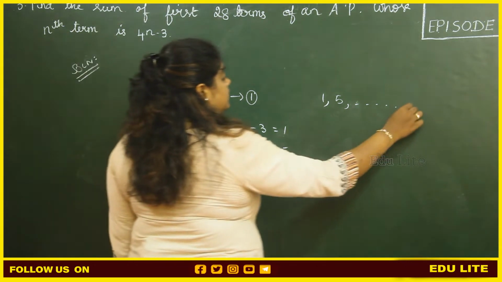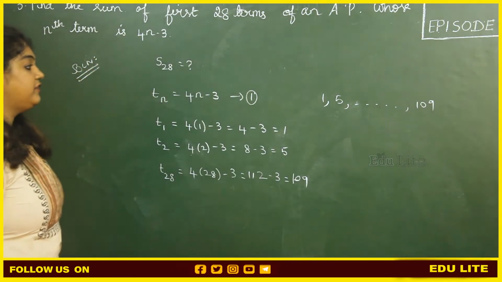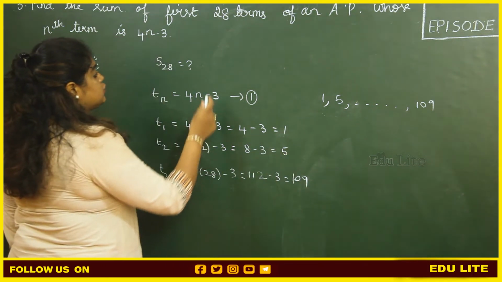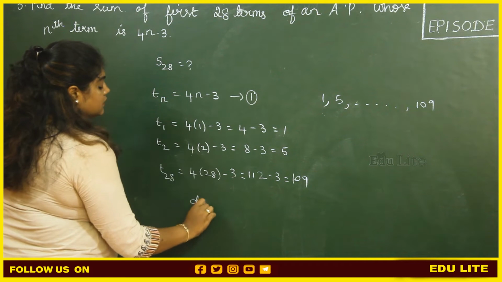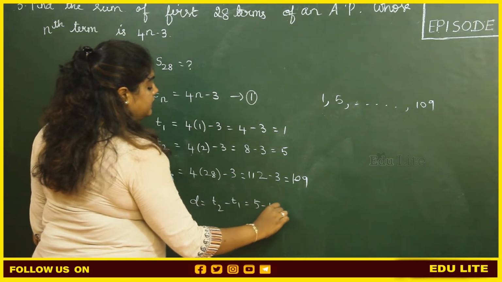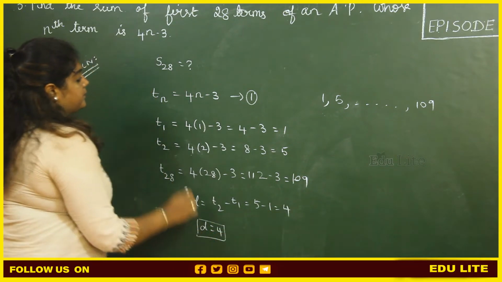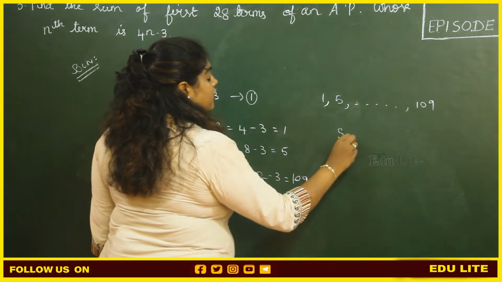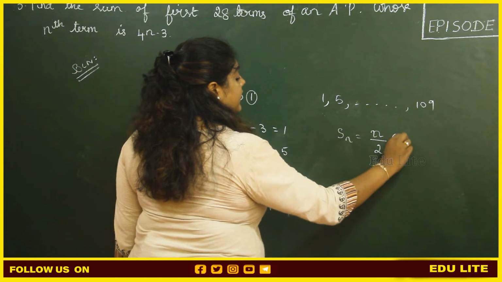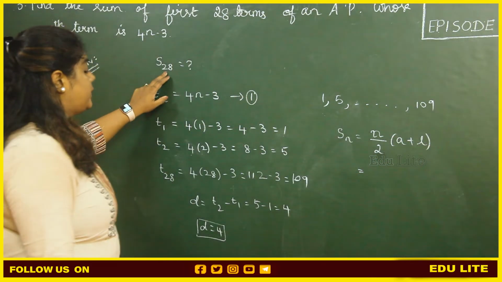109. Therefore 109. We can find the value of D using the AP, that is D equals T2 minus T1, which is 5 minus 1, it is 4. So D equals 4. So let us use the formula of Sn as n by 2 into A plus L. We know the value of n as 28.